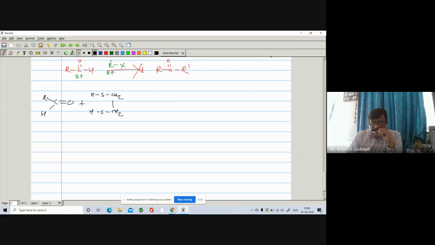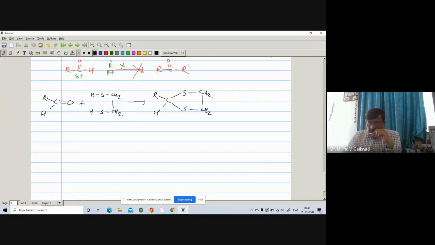This H is directly attached to the carbonyl carbon, so it does not have a charge. But when you react with the thiol, you find there is a formation of this type of compound. Here is S, here is S, and here is CH2 and CH2.